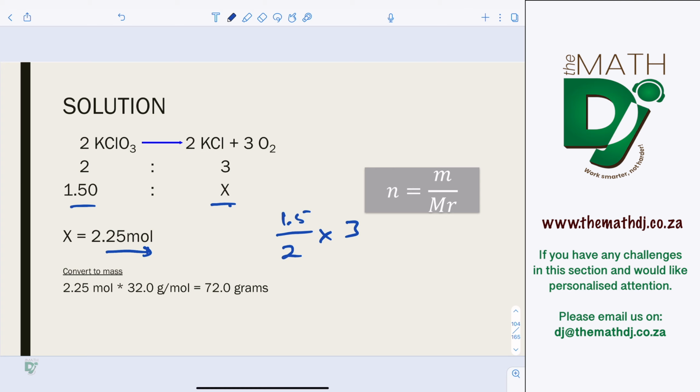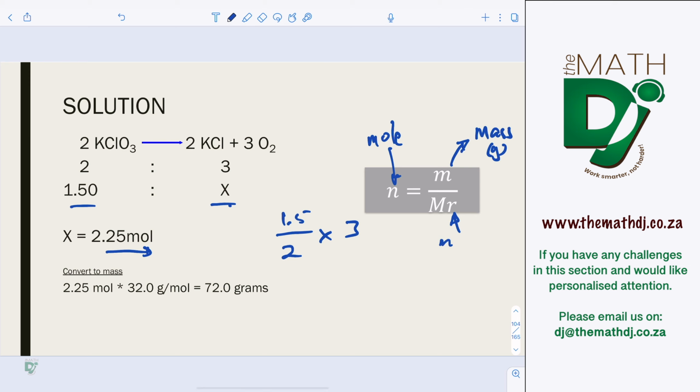So this is the formula you should also remember. This is number of moles, n. This is the mass in grams, and this is the molecular mass, which means of the compound.